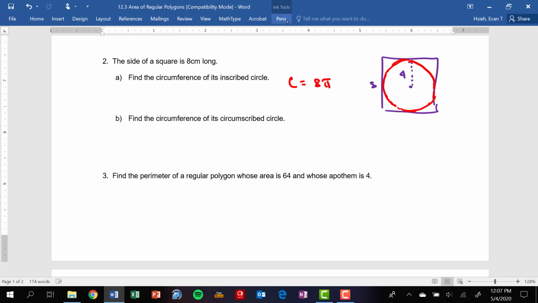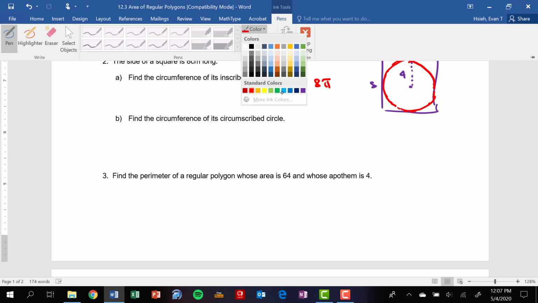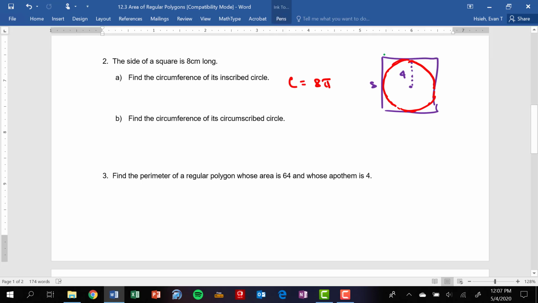Now if I want to find the circumference of the circumscribed circle, so the circle that goes around the square, like this, then I know that the radius in this case is going to be right here, and it's the same thing as the radius of that purple square.